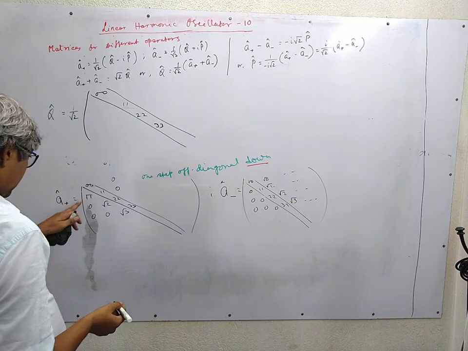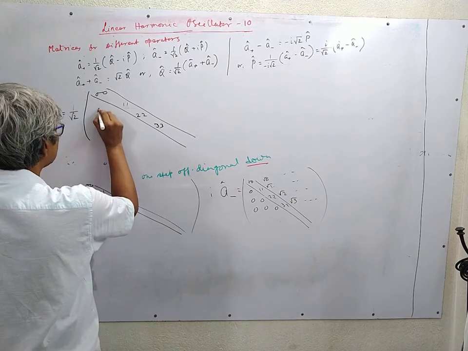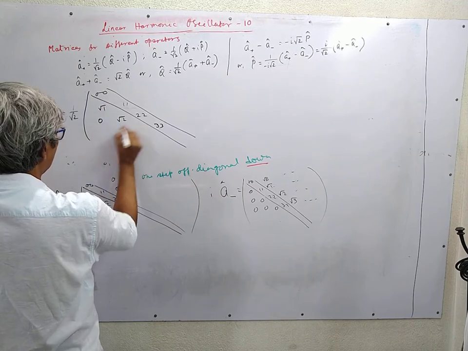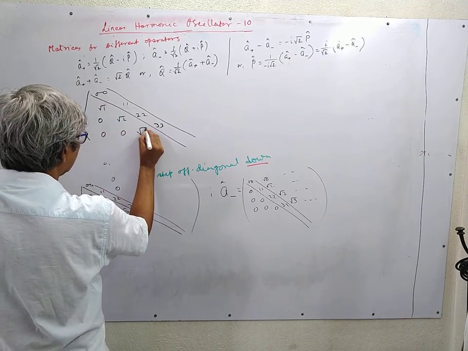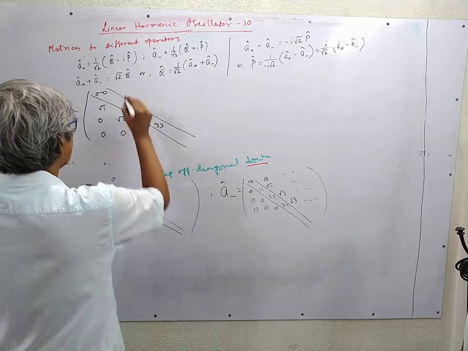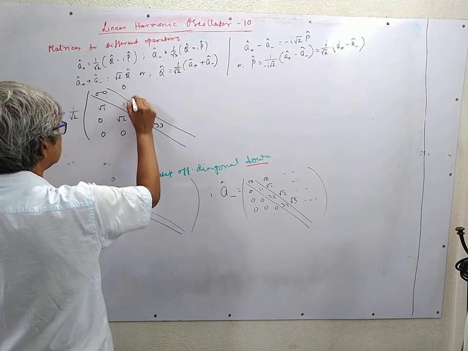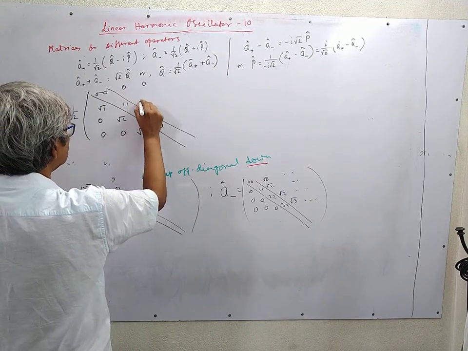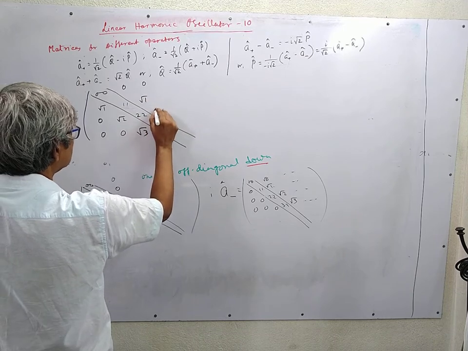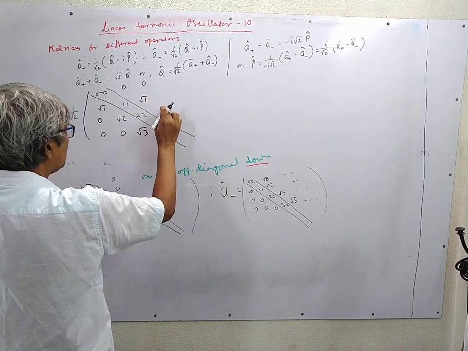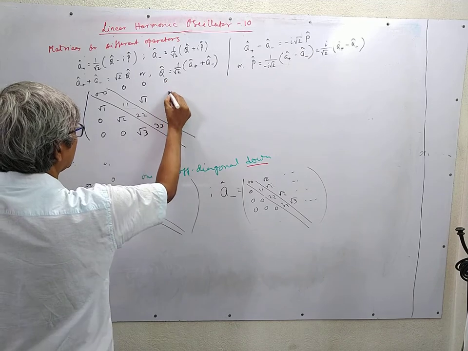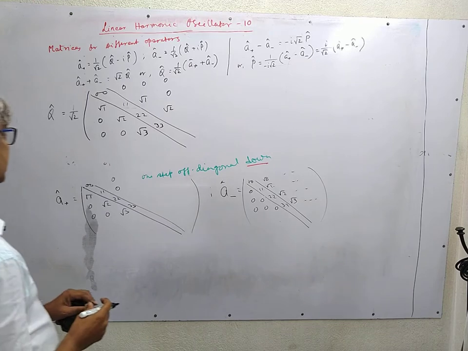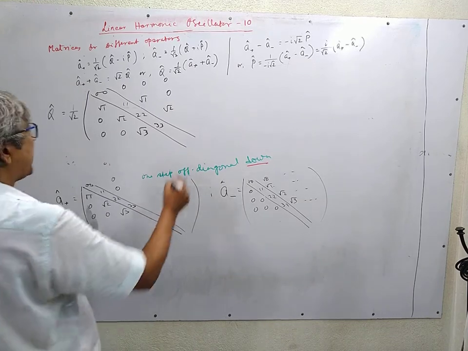Now the matrix, if we go down, this is root 1, 0, root 2, 0, 0, root 3, and on the other hand, then root 2, etc. These are the matrix for Q.